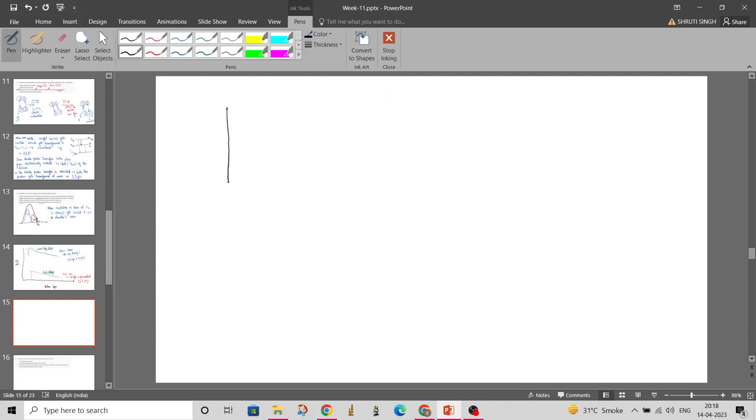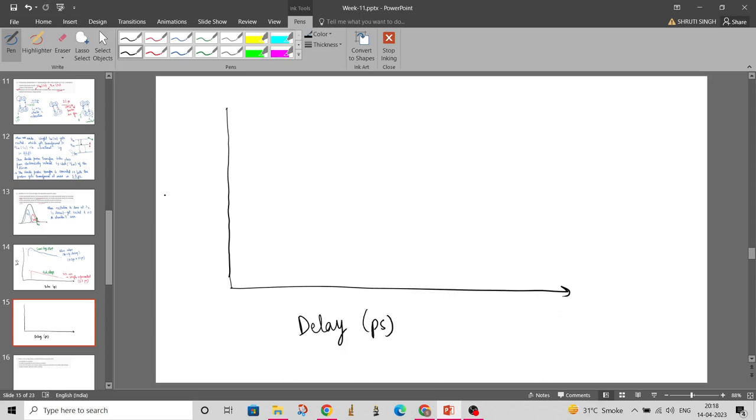Here is the delay in the picosecond, and here is the anisotropy.